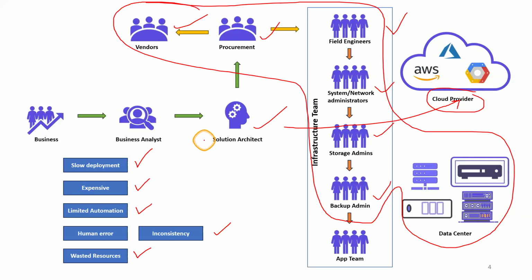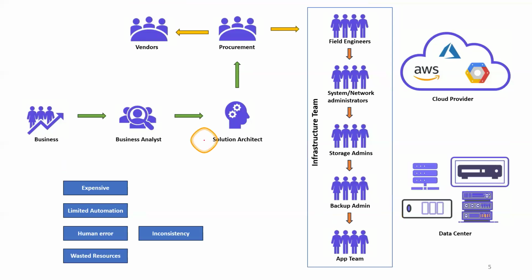So the cloud working model is comparatively faster than the traditional working model, because when you are working in the cloud, almost everything is readily available to you. You just have to spin it up and use it. So I have removed the point about a slow deployment model, because that particular challenge was fixed by the cloud platforms.